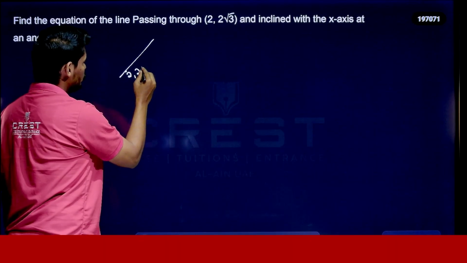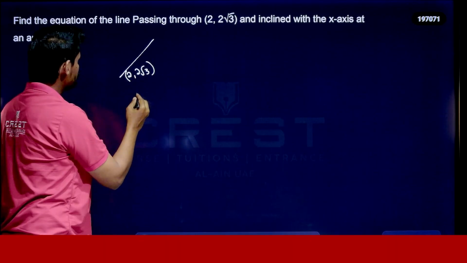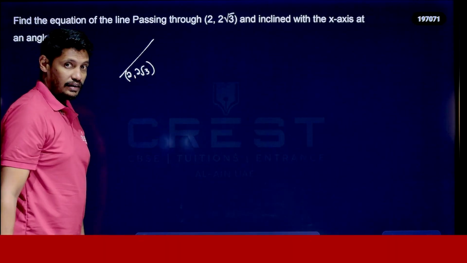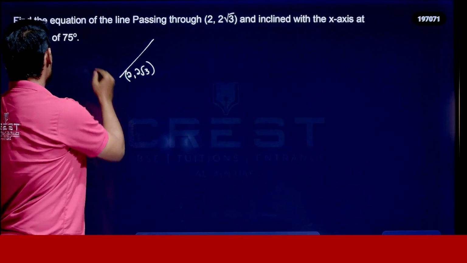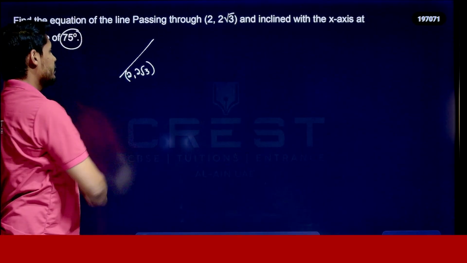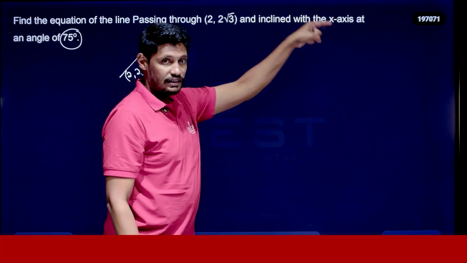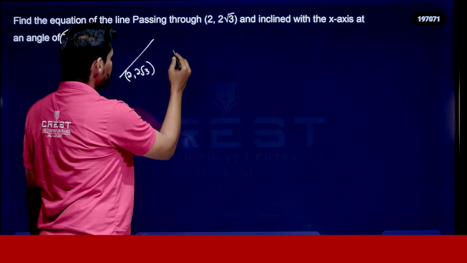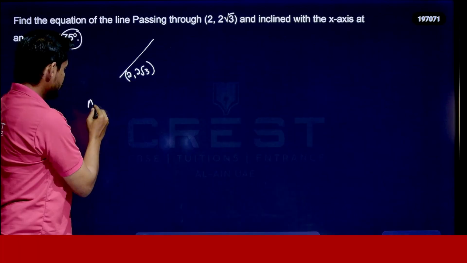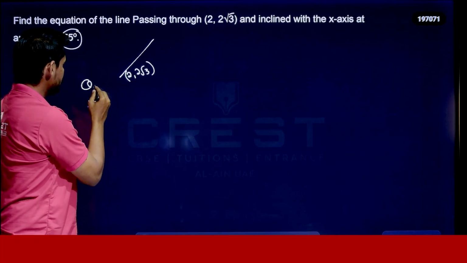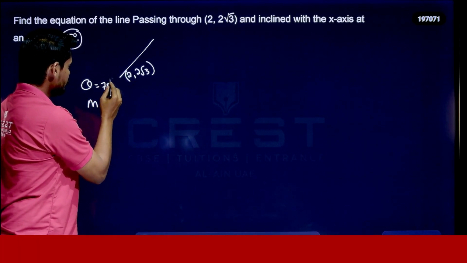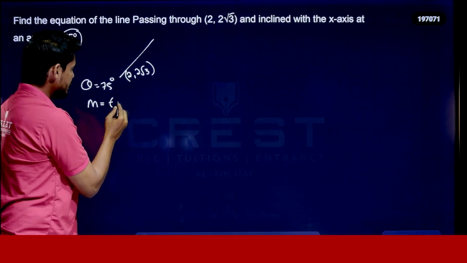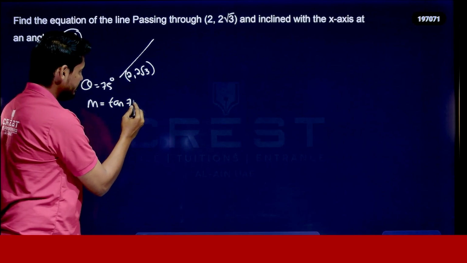This is the coordinate. Instead of directly giving the slope, they have given the angle 75 degrees which is inclined with the x-axis. So theta is 75 degrees. We can find m equal to tan theta, tan 75 degrees.